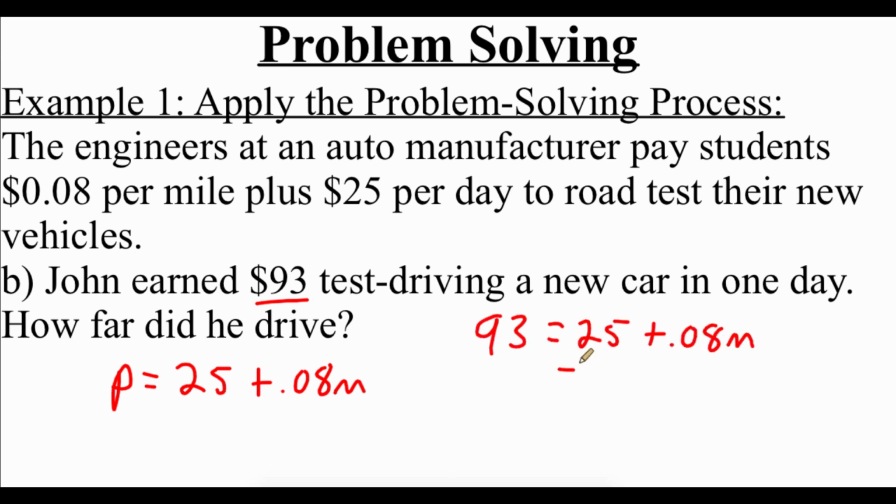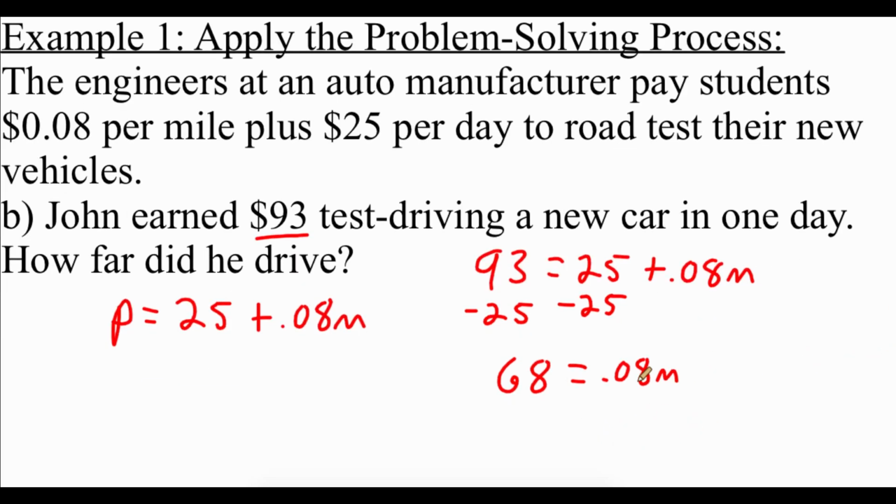The first thing we're going to do is subtract the 25 from the 93, and we'll get 68 equals our 0.08 m. Then in order to get m alone, we're going to have to divide by the 0.08. And 68 divided by 0.08 gives us an m value of 850.